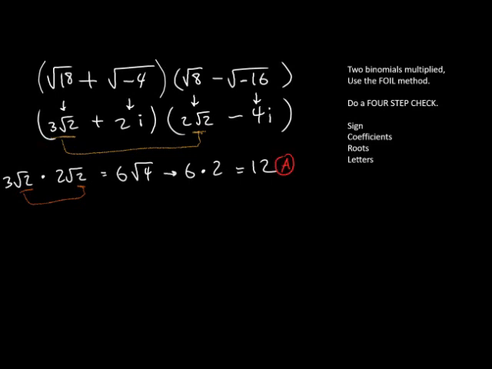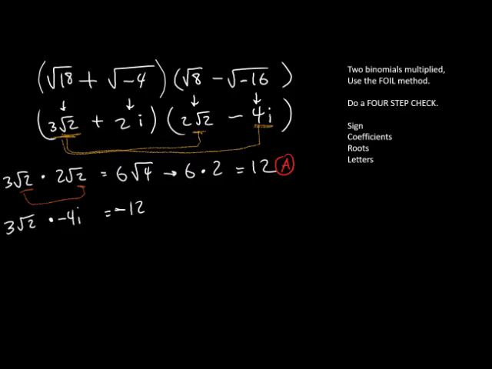Next, we will take 3 root 2 now times the last term. That's -4i. So we will say 3 root 2 times -4i. First, check the signs. We have a positive times a negative, so we can expect a negative answer. The coefficients are 3 and 4.